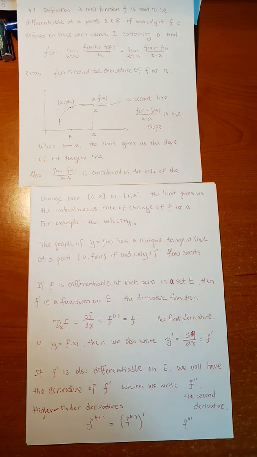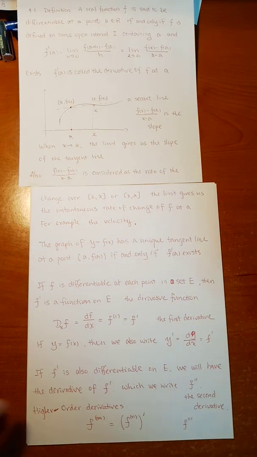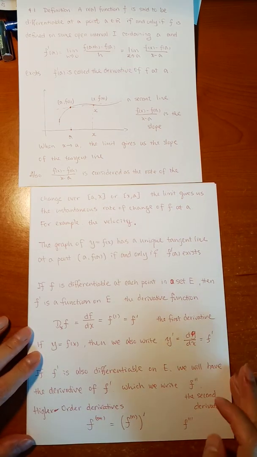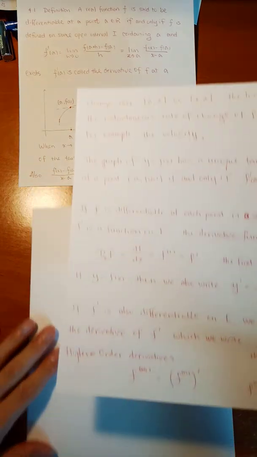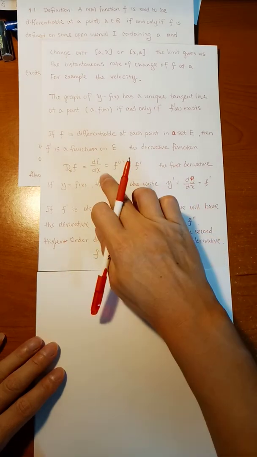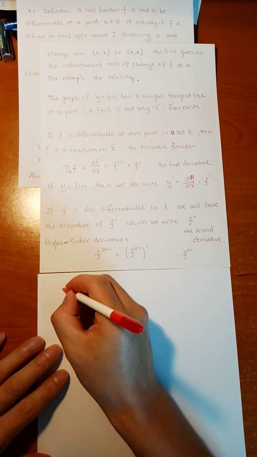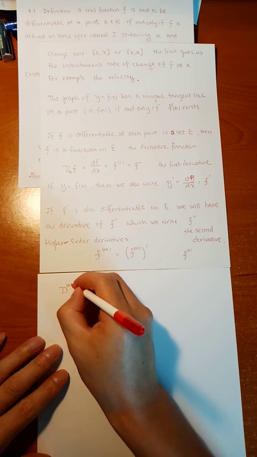So you don't write 4 primes. But for the third derivative, by convention, we still write the triple prime.